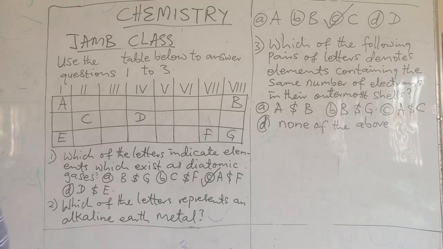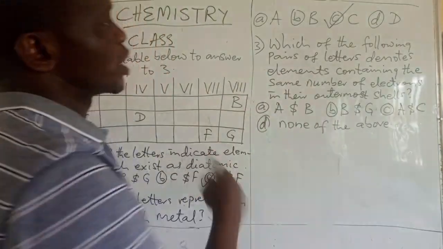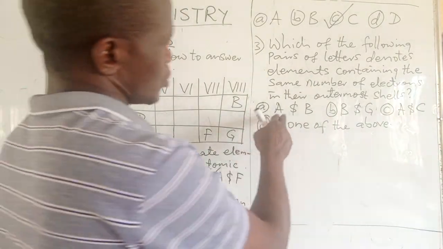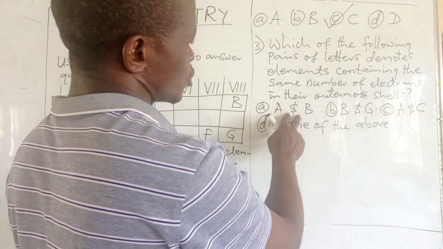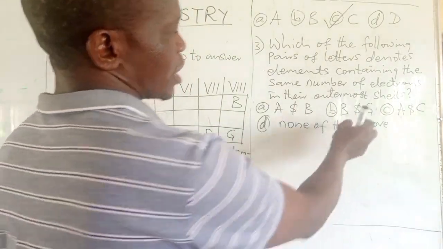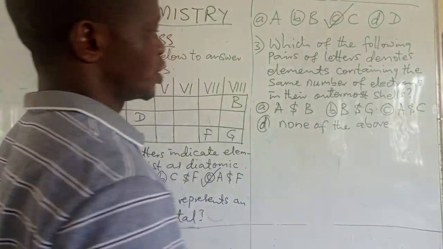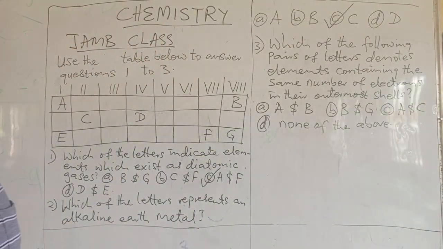Which of them have the same number of electrons on the outer shell? That's what they are saying. Are these pairs to have the same number of electrons on the outer shell? What about this? What about this? And they said G says none of the above.